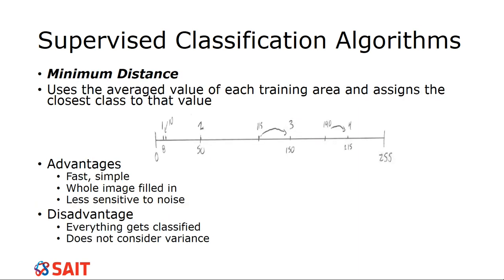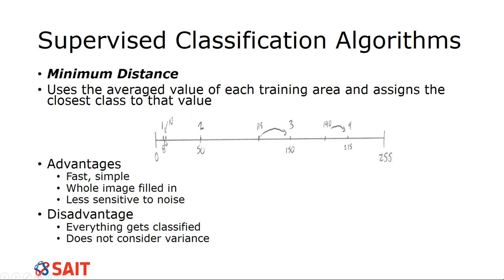The next one is minimum distance. So this time round, I take my average of each training area and I plot it onto my spectrum. So I place it, and then what I say is any new pixel that I am trying to figure out is going to go to the closest average. So here, let's say my average is 10 in class 1, and my pixel is 8.